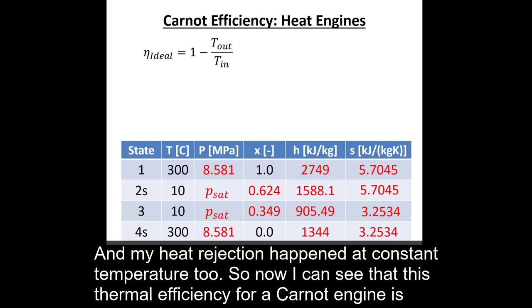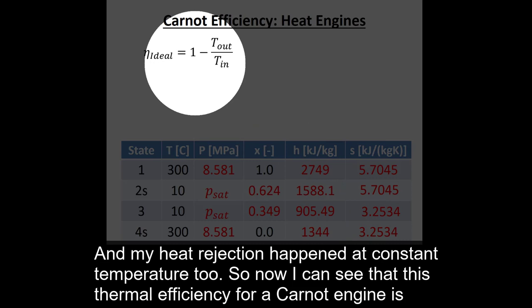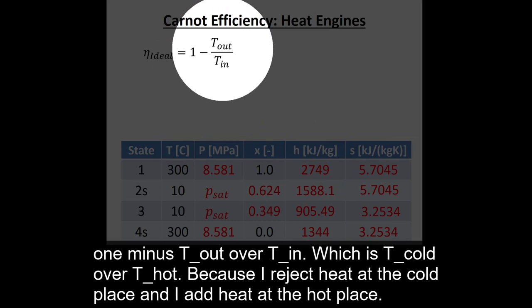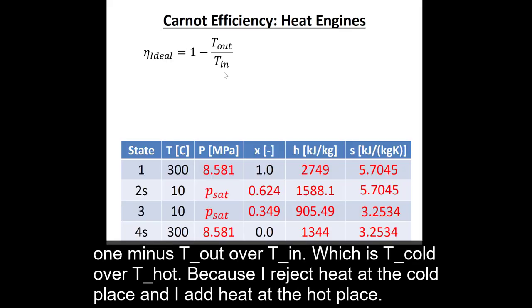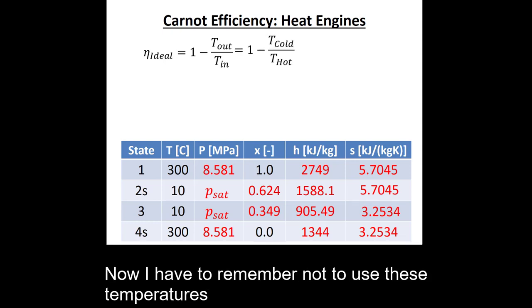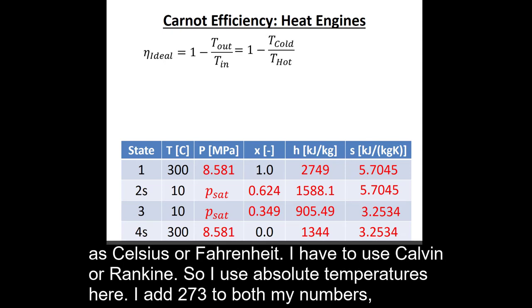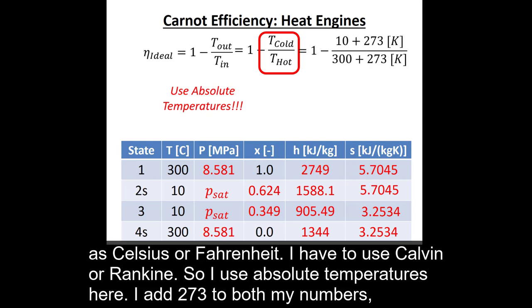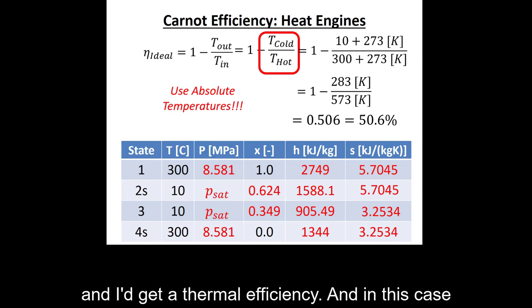So now I can see that the thermal efficiency for a Carnot engine is 1 minus T out over T in, which is T cold over T hot, because I reject heat at the cold place and I add heat at the hot place. Now I have to remember not to use these temperatures as Celsius or Fahrenheit. I have to use Kelvin or Rankine. So I use absolute temperatures here. I add 273 to both my numbers, and I get a thermal efficiency.